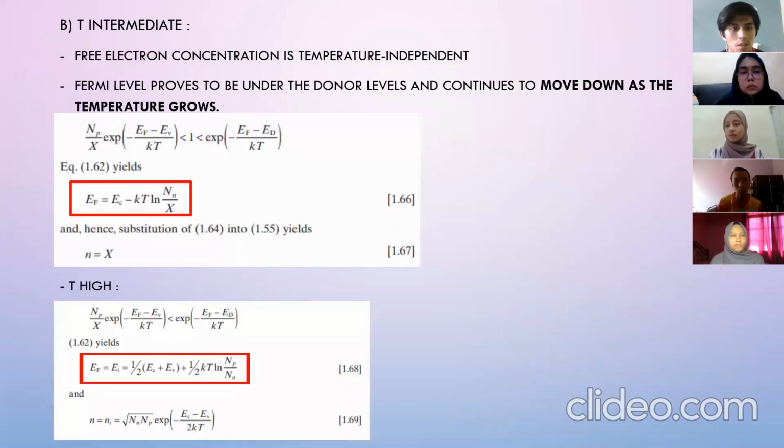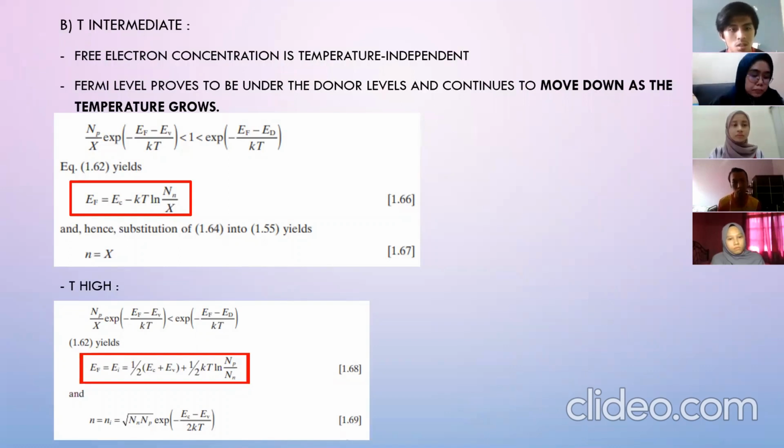So what happens if the temperature is intermediate? At intermediate temperature, the free electron concentration is temperature independent, which means it does not really depend on the temperature. The Fermi level proves to be under the donor levels and continues to move down as the temperature grows.